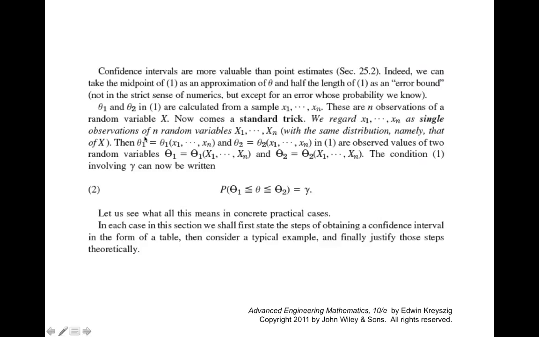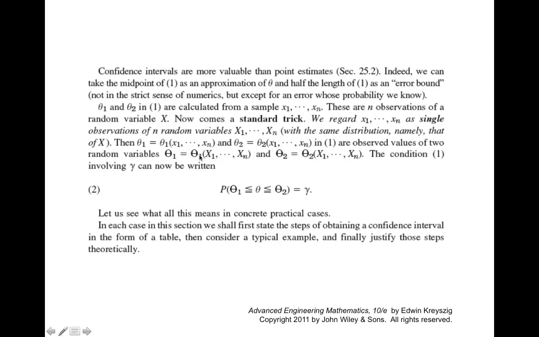In that case, you have some interval from theta 1 to theta 2 where you have a theta 1 value of x1 to xn and a theta 2 value of x1 to xn. And those are observed values of two random variables.